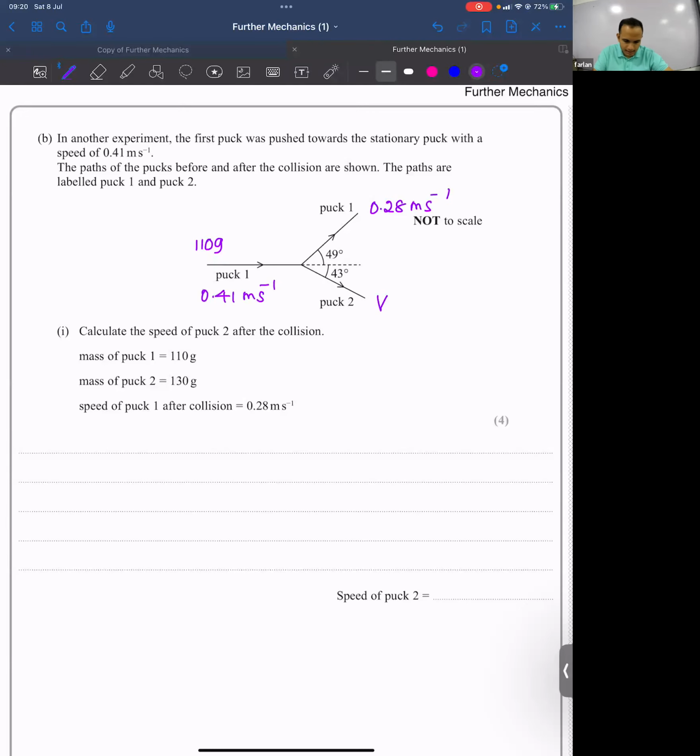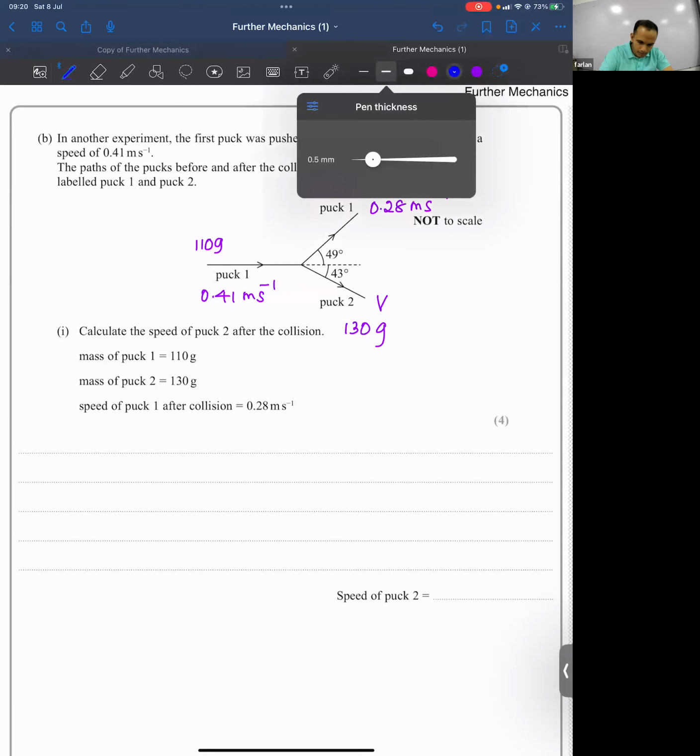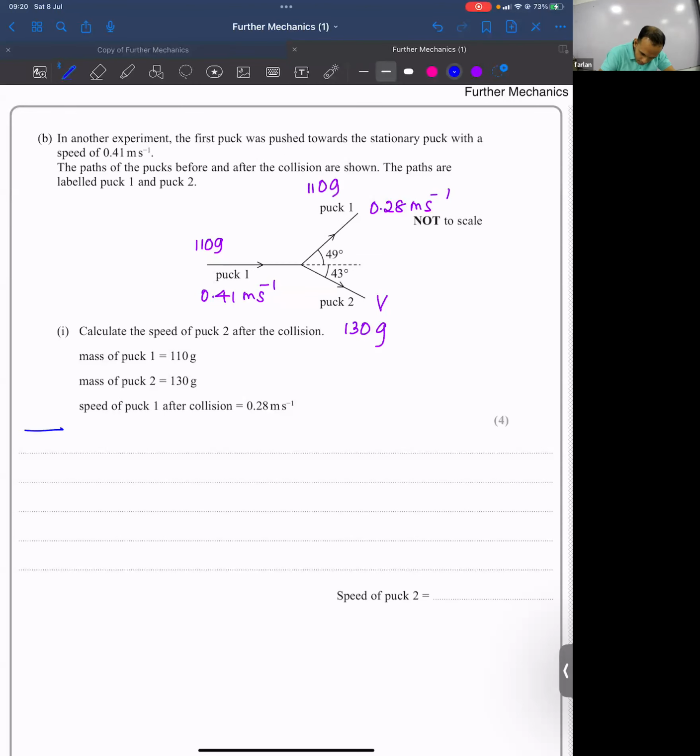Okay, so guys, that's an easy one. The second one has a mass of 130 grams. First one has a mass of 110 grams. So we will use the principle of conservation of linear momentum to the right. Guys, mention this, PCL. What is PCL? Principle of conservation of linear momentum.